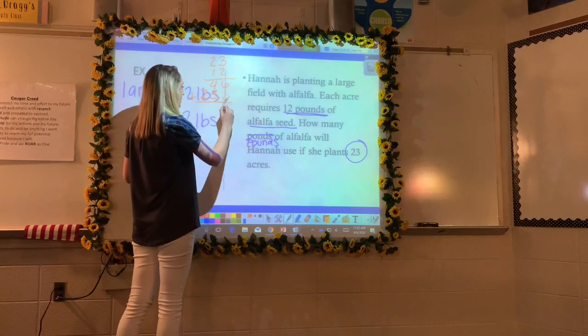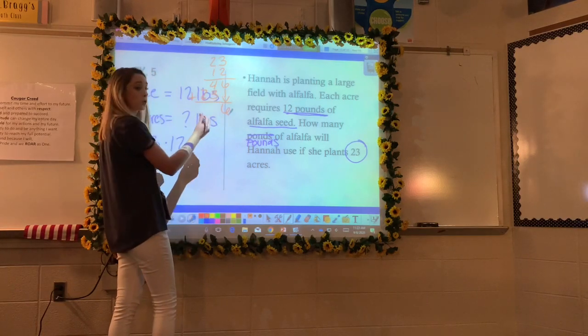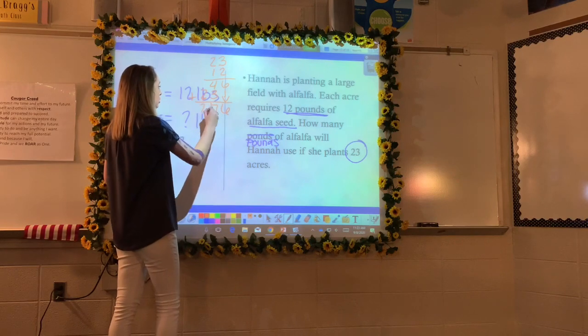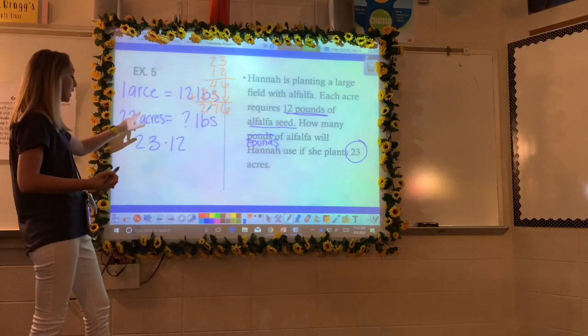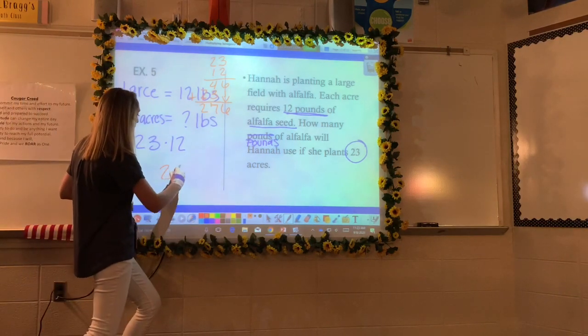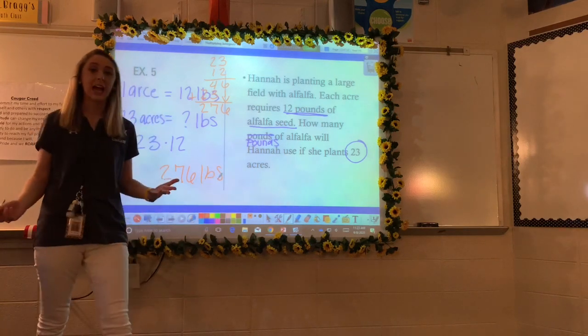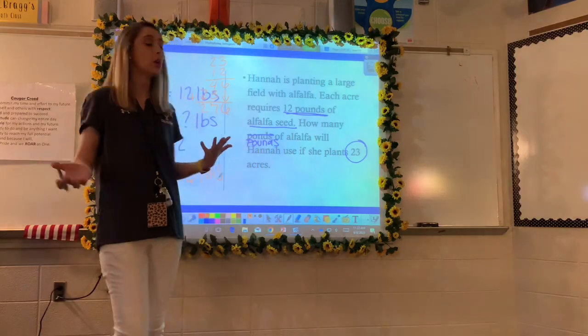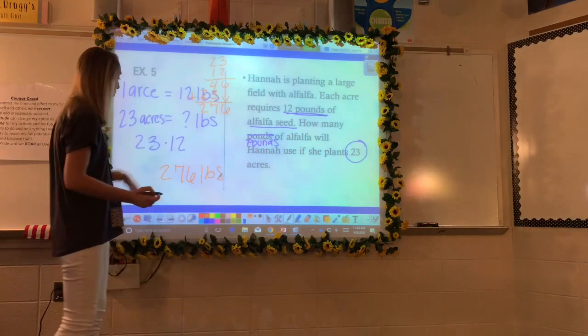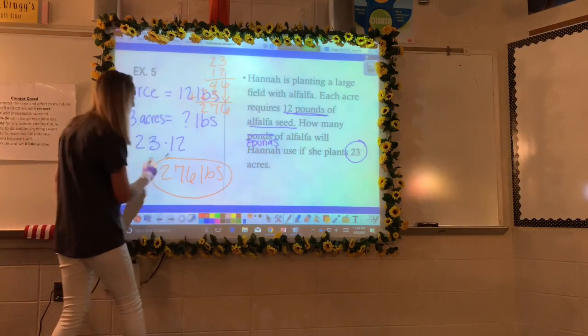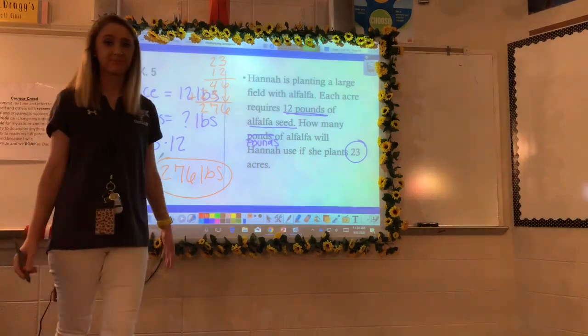So we bring down that 6. 3 plus 4 is 7. And then 2. So 23 acres would give us 276 pounds. And then we have to decide if that would be positive or negative. Well, we had 2 positive numbers, so our answer is just 276 pounds.